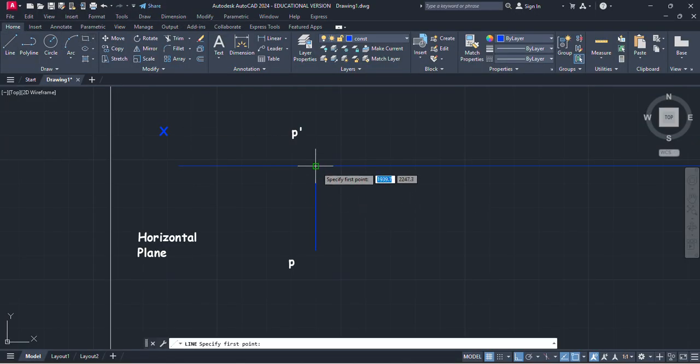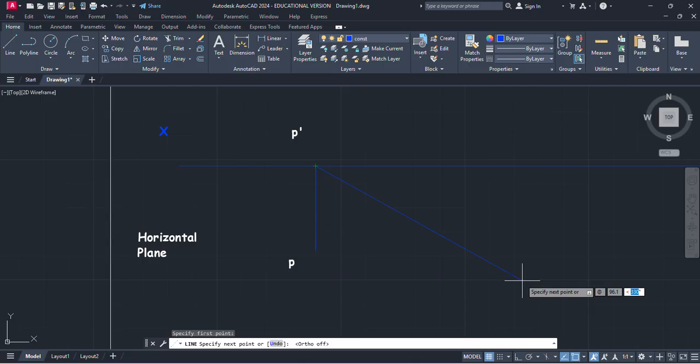Now we have to draw this line, which should be at 30 degrees with the XY line. To draw this line in this direction, just close this button. By looking at the cursor and the icon, you can check the angle. Just click at 30 degrees, or if you want to follow the systematic way, click first here, then extend your mouse, press shift at the right, keep the dimension as it is, and press the tab key.